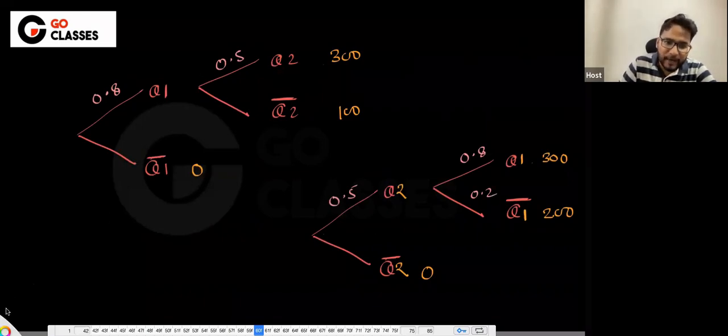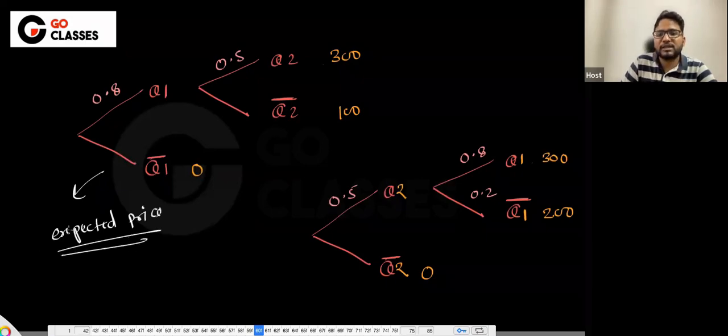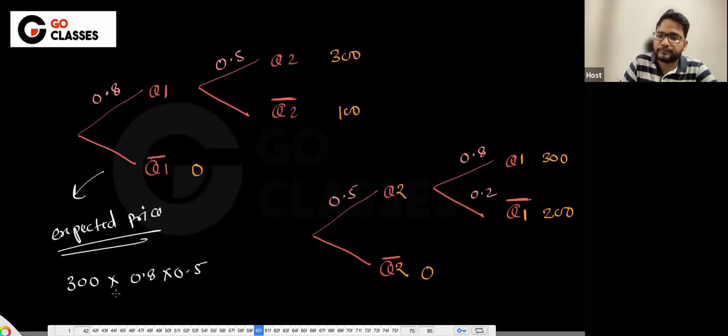Now, can you tell me what is the expected value here, the expected price? See, just check. I'm getting 300 with how much probability? With 0.8 into 0.5 probability. Okay? So value x into p(x), value into that probability, plus with how much probability am I getting 100?